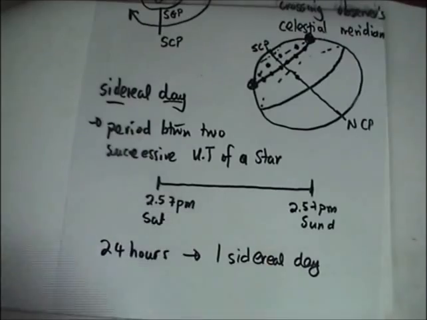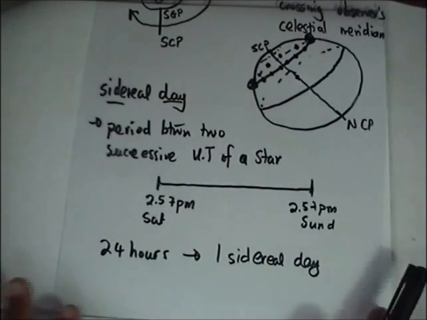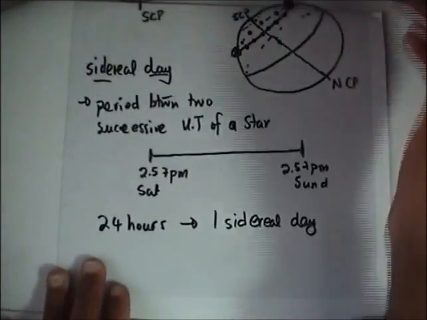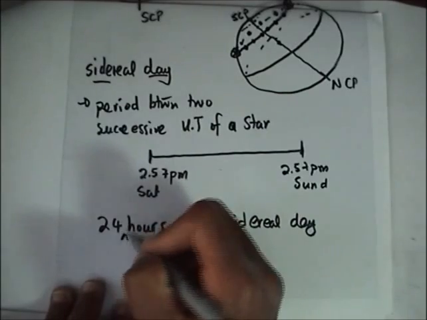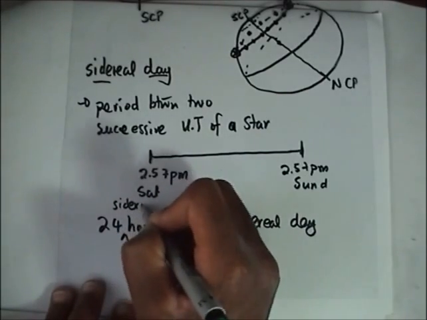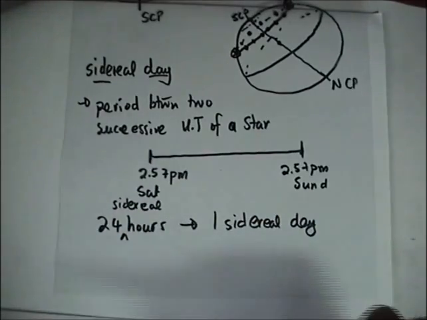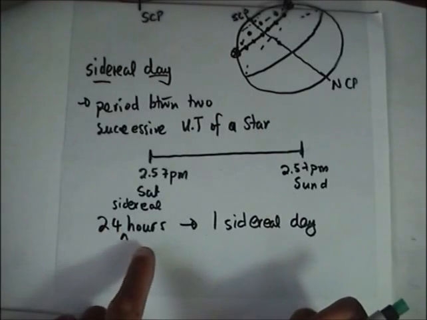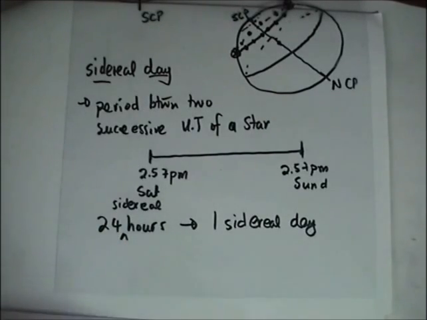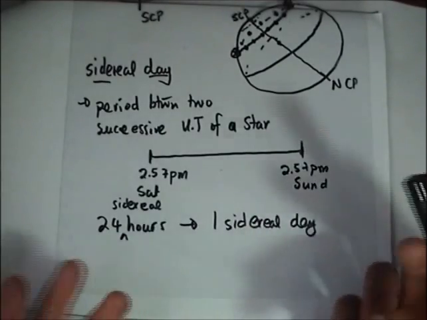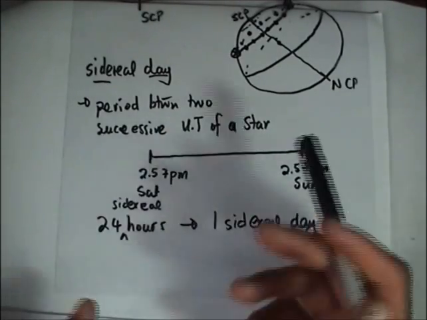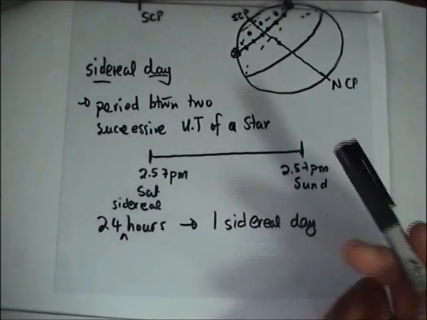And these are not 24 normal hours that you see on your clock. No, these are 24 sidereal hours. I should have put sidereal here. We are going to see the differences later on, but these are 24 sidereal hours that are a bit different from our normal clock hours, the ones that you see on your phone or on your watch or whatever you use to check time.